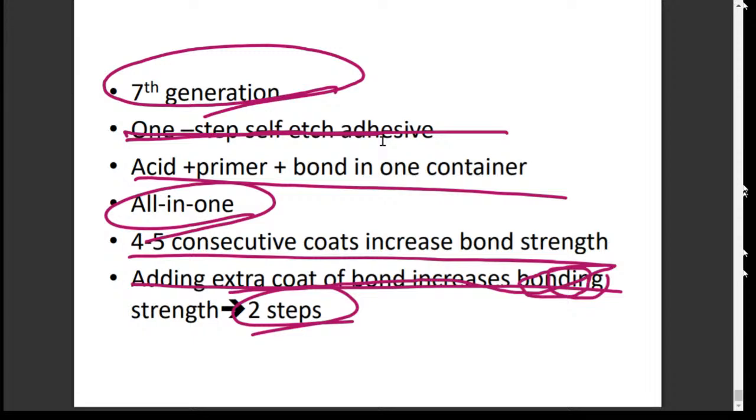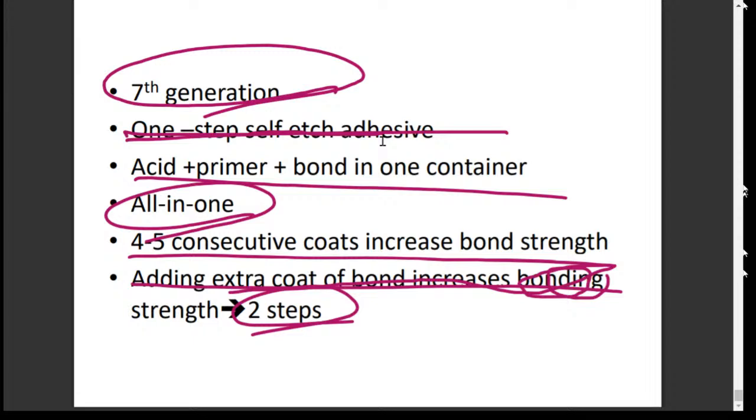The acid causes the etching and contains the etching material, which is phosphoric acid, and the primer is the adhesive material, and the bonding is also adhesive material. All of these 3 are in one container.